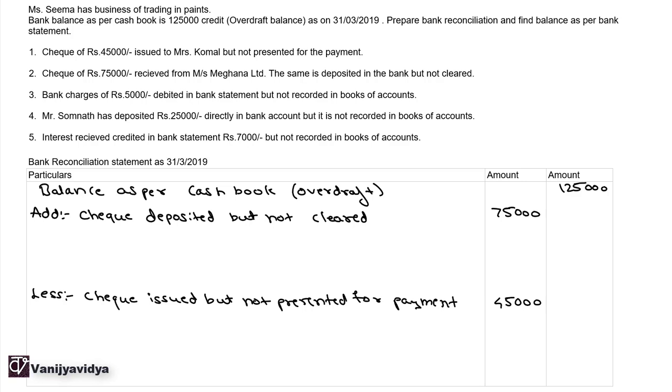But since the same are not recorded in the books, our overdraft balance in the books will be less by 5,000 as compared to the bank statement. Now since we are moving from cash book to bank statement, we have to add bank charges debited by the bank but not recorded in the cash book. Now let's prepare a working note for this.